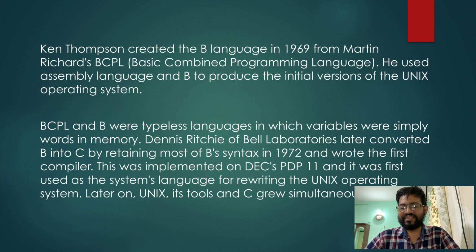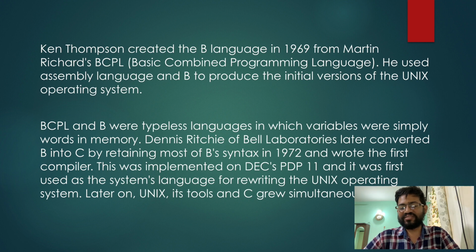Dennis Ritchie of Bell Laboratories later converted B into C by retaining most of B's syntax in 1972 and wrote the first compiler. This was implemented on DEC's PDP-11 and was first used as a systems language for rewriting the Unix operating system.